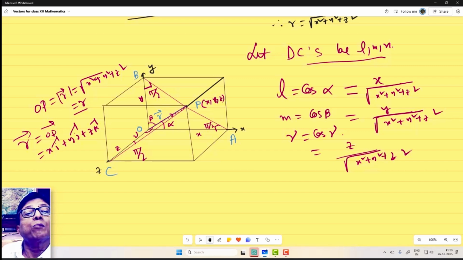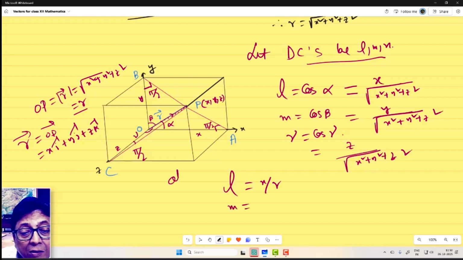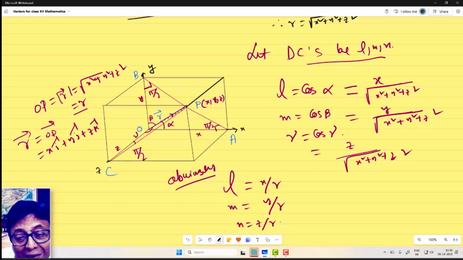It will represent the modulus of vector R. So can't I write L as x by R, because R is root over x square plus y square plus z square, M as y by R, N as z by R.